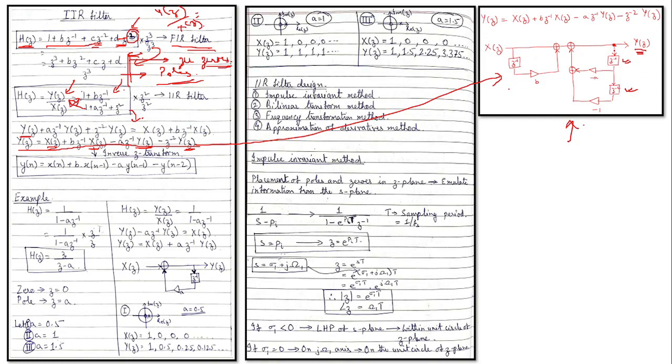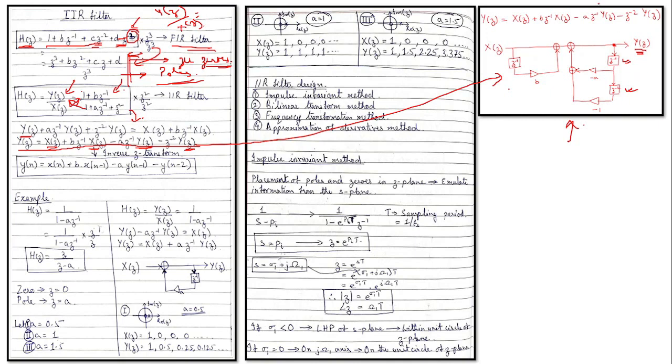So the past outputs are being taken to calculate the present output. Okay, so this is called the feedback mechanism. You are getting feedback from the output of the system, right?